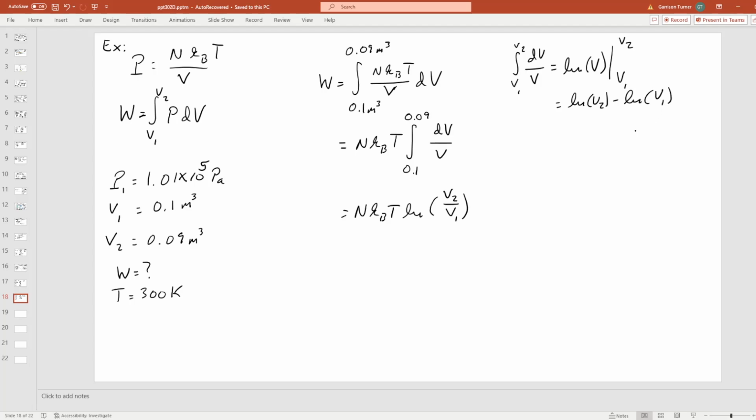And then by the property of logarithms, we can say that this is the natural log of the quotient. Okay, so that's the steps that fill in the gap from here to here.